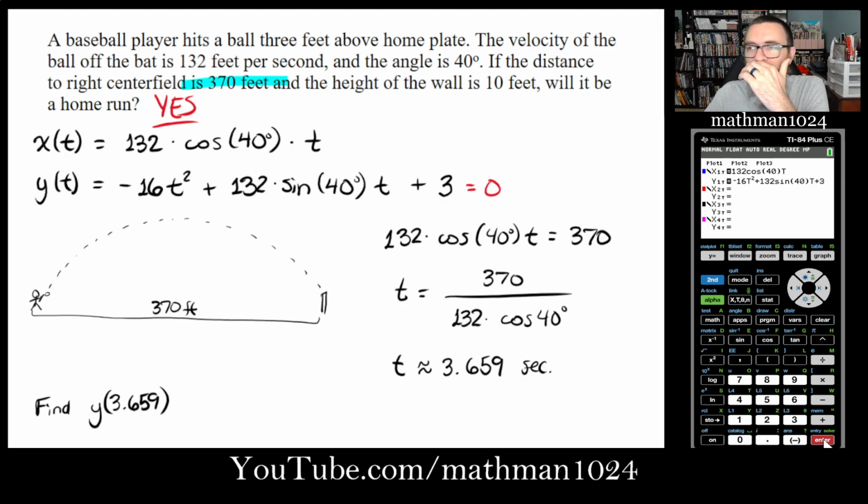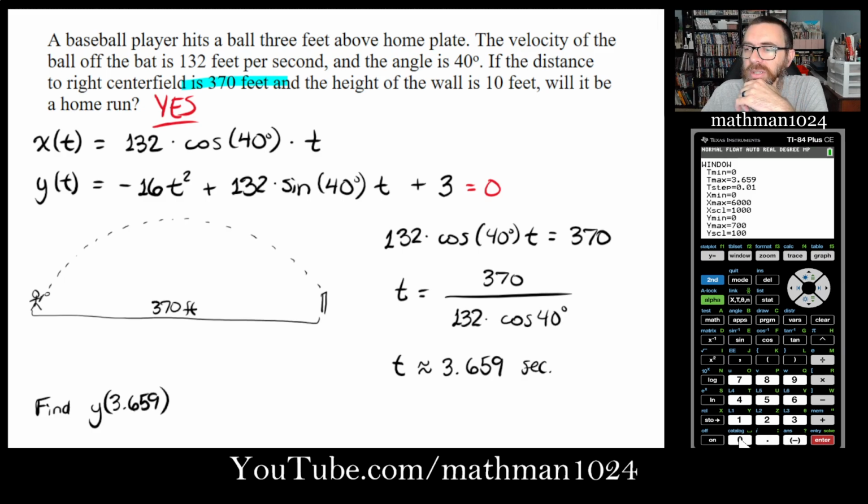And I'm actually going to do another one just so we can see where the fence would be. So x is just going to be t, and y is going to be 10. We're going to go from 0 to, say, 3.659. That t step should be good.